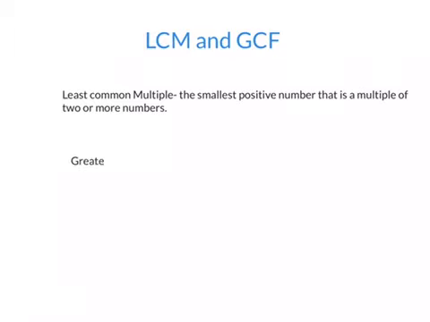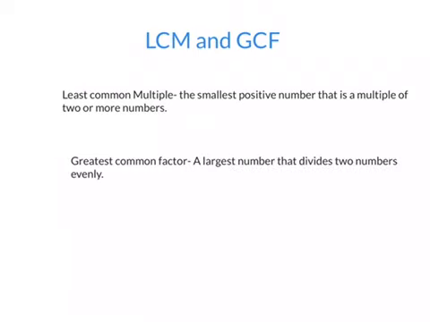The greatest common factor is going to be a number that divides two numbers evenly. It's actually going to be the largest number that divides two numbers evenly.